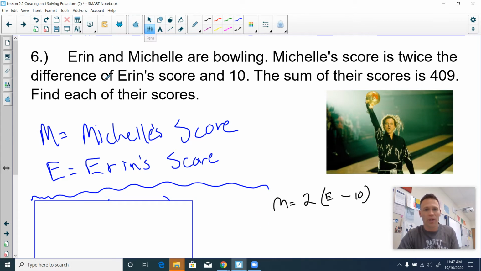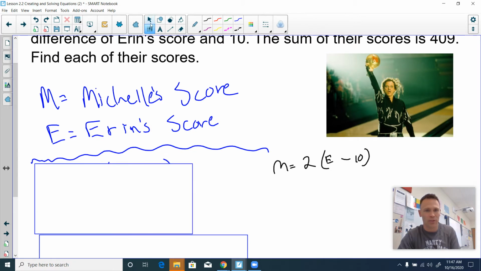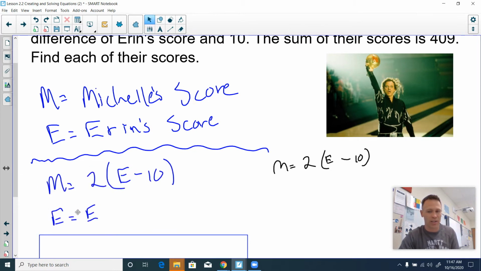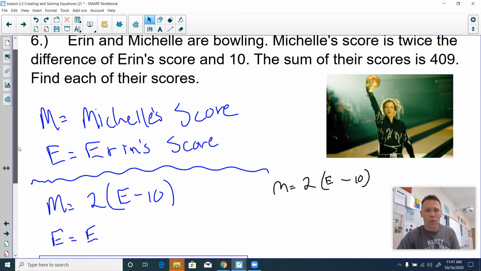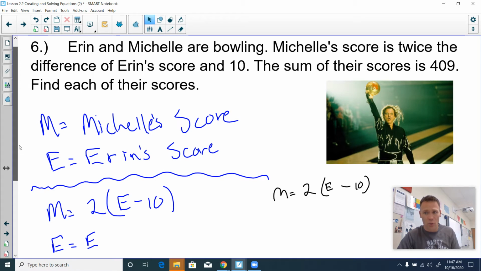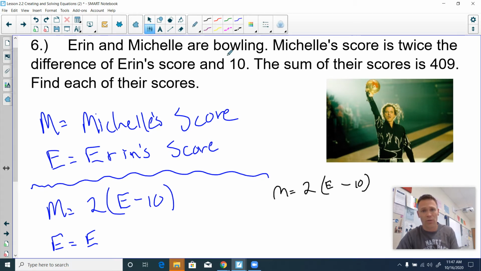We know nothing about Aaron's score, we're not told anything about it. So for Aaron's score, we're just going to say E is equal to E. But M is equal to 2 times E minus 10, and that's all we're given. So now we're told to find the sum of their scores is 409. Now this is going to be important for writing the equation. It says the sum of their scores is 409.